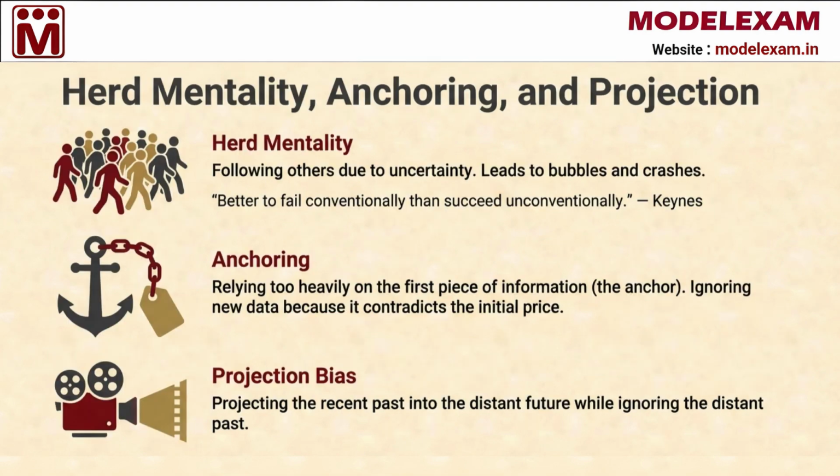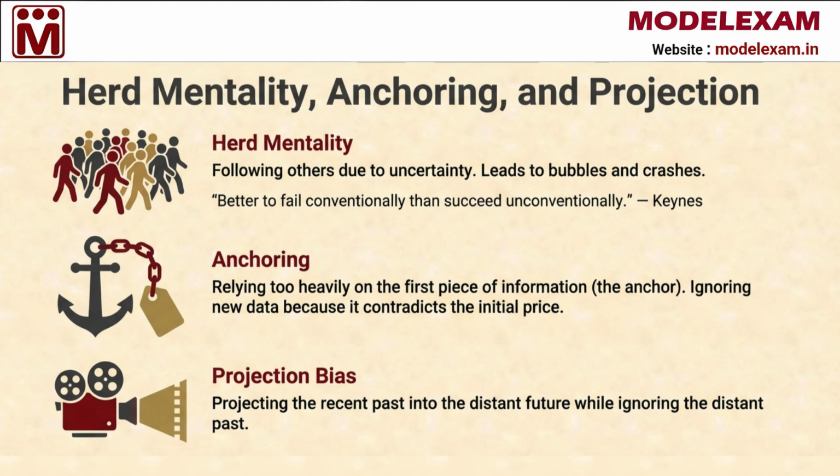The final set of biases involves how we interact with the crowd and the past. Herd mentality is when investors follow others due to uncertainty. As John Maynard Keynes said, it is often considered better to fail conventionally than to succeed unconventionally. This behavior leads to bubbles and crashes.